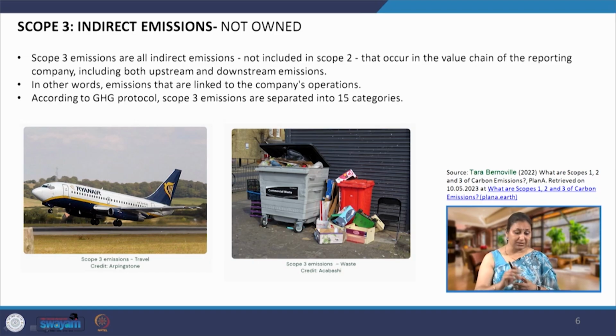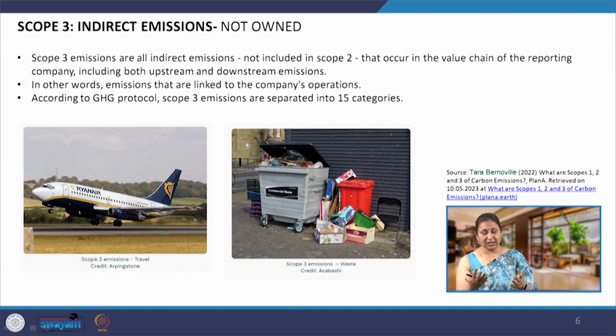Where do they go? The remaining indirect emissions go in scope 3 emissions, which are from resources not owned by the company, not within my organizational boundary, but I am taking their products, the manufactured goods, as raw materials into my industry.